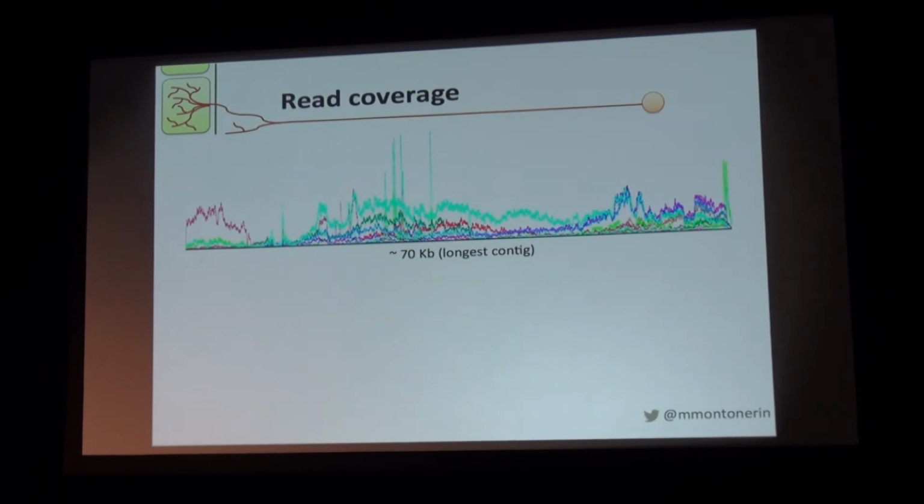And just to test how the coverage was resolved, if we were doing it right when we thought about sequencing 24 different nuclei, and different nuclei will give higher coverage in different areas, so we will end up covering the whole genome. We plotted them in some of the longest contigs, and we can see some areas that have maybe just one set of reads that have a good coverage there, and the rest fail to cover that well, but then in another area, a different set of reads will cover that area.